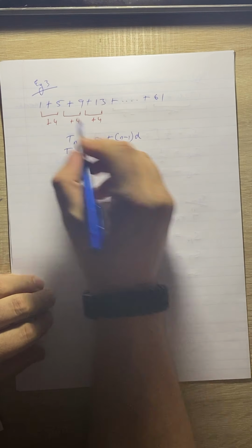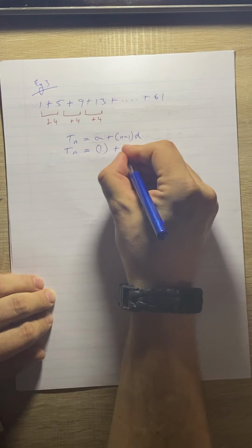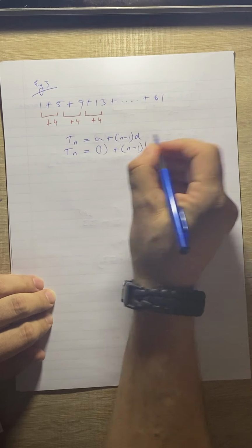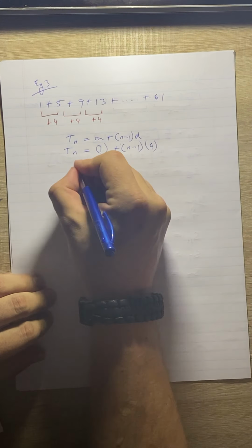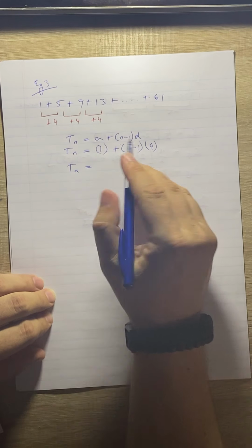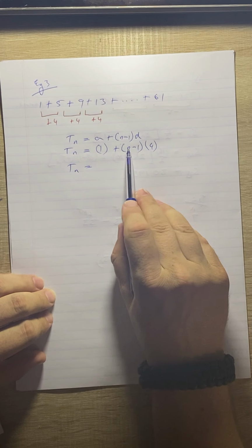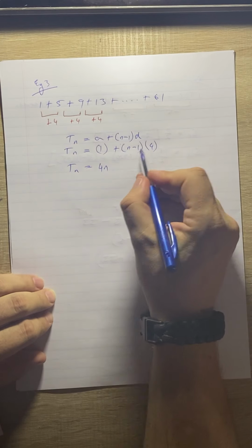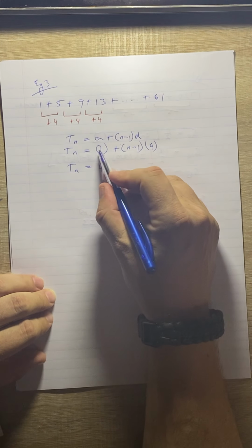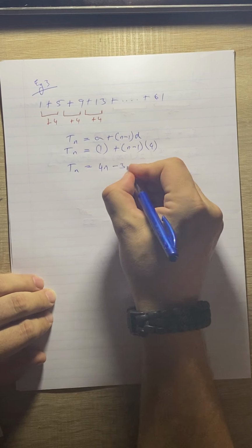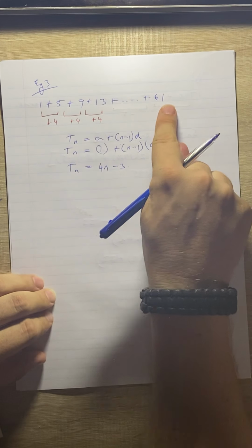So our a is 1 plus n minus 1, and our common difference is 4. Okay, grade 12, so I'm going to do this very quickly. So 4 times n is 4n, 4 times minus 1 is minus 4, plus 1 is minus 3. So we have our general equation for this.